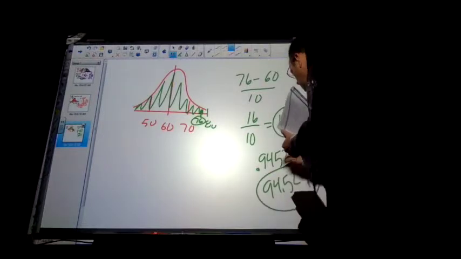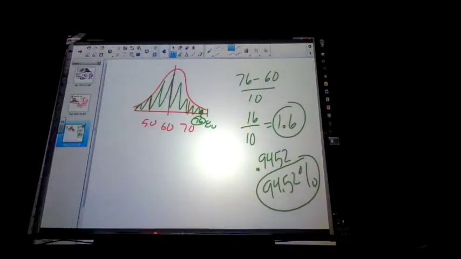All right, let's think about this. We looked at 1.60 right over here, and 1.60 is 0.9452. Okay, question.